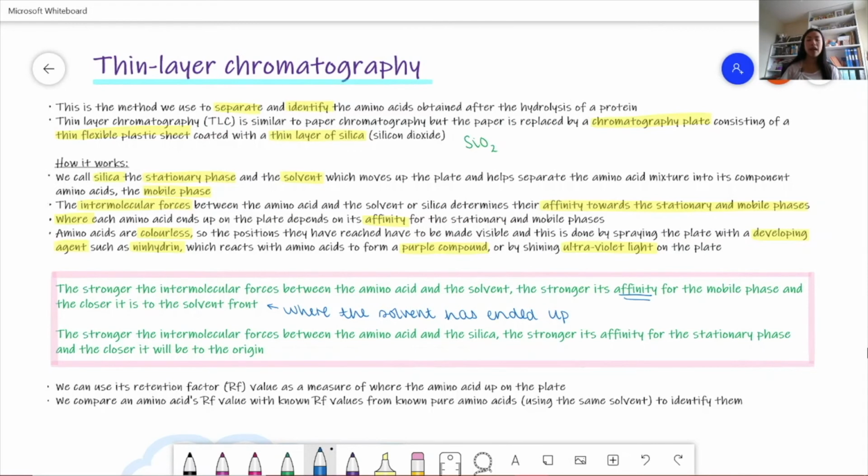And so the second rule we have is that the stronger the intermolecular forces between the amino acid and the silica, the stronger its affinity for the stationary phase, and the closer it will be to the origin. And the origin just means where the amino acids start.